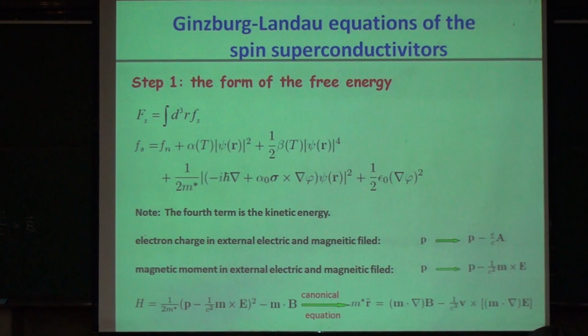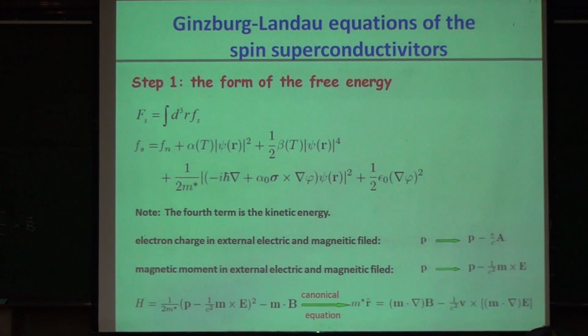As I mentioned in the beginning, if you have a spin-orbit interaction, it contributes another term in the canonical momentum. If you put this term in, that will give you the basic piece for the free energy.